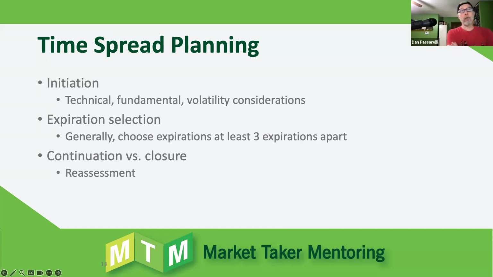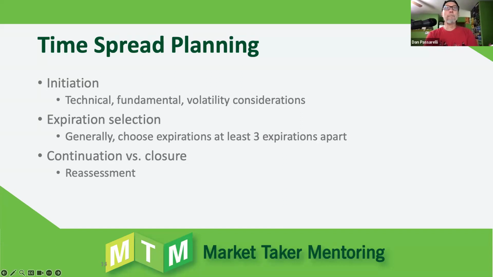Which expiration do I select? Well, I have done time spreads where I sell the shortest term option, which is usually what I do. But then sometimes I'll buy the very next expiration, just one expiration apart, whether that's 1 week or 1 month, depending on if they have weeklies or not. Or sometimes I'll do 2 expirations apart, sometimes 3, 4, 5, or 6.